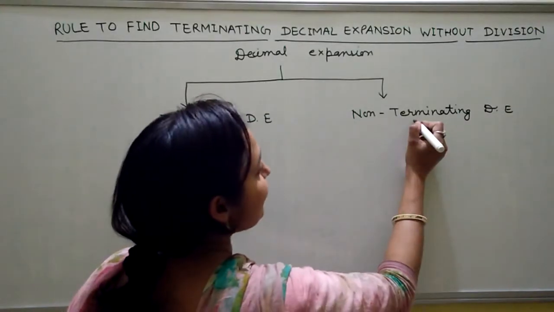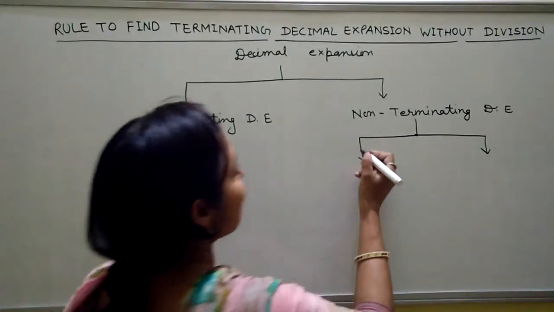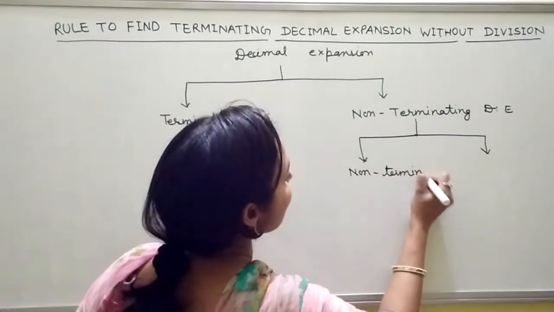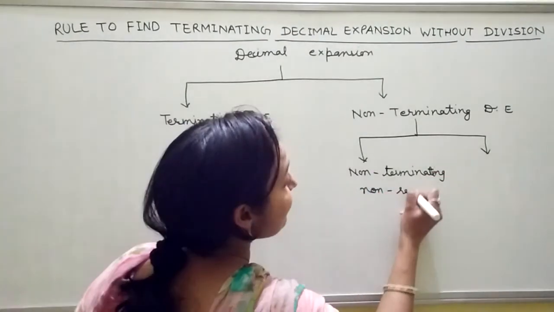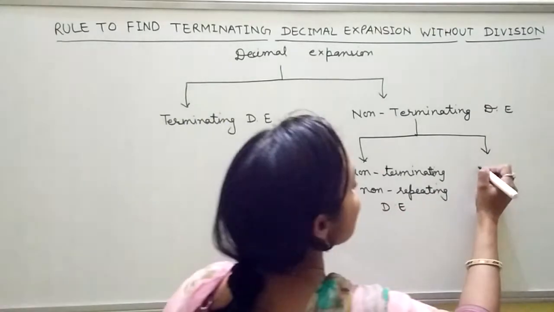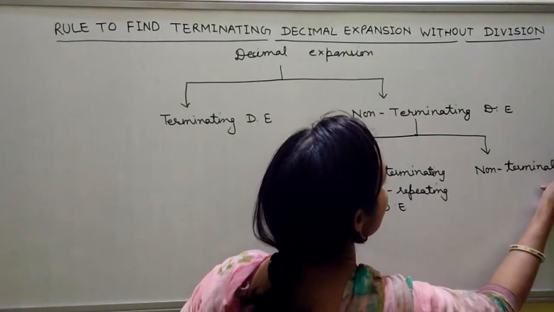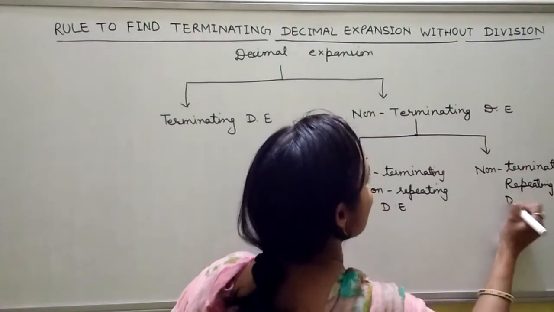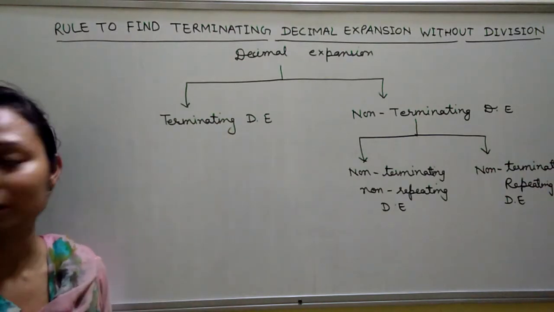The non-terminating decimal expansion is of two types. First is non-terminating, non-recurring, non-repeating, of the same meaning, decimal expansion. And the second one is non-terminating, repeating decimal expansion.